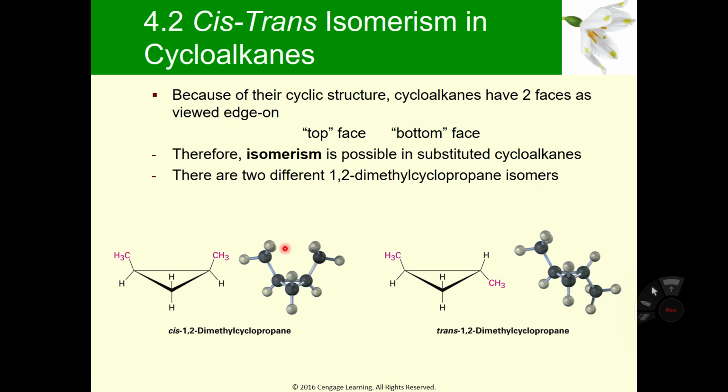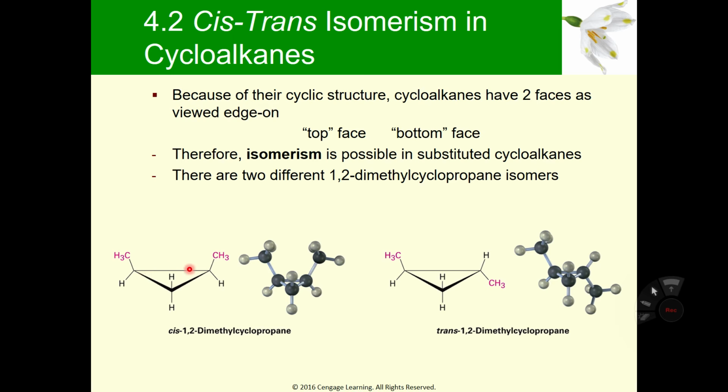If you cannot overlap, that means they are different molecules. So in this case, these 2 molecules are different, but the molecular formula is the same, so they should be isomers. If you compare, these 2 methyl groups are on the same side, so we call this cis isomer. If 2 methyl groups are on opposite sides, then we call trans isomers.